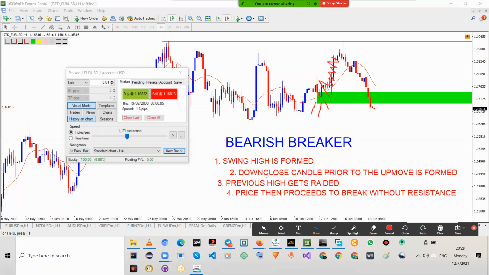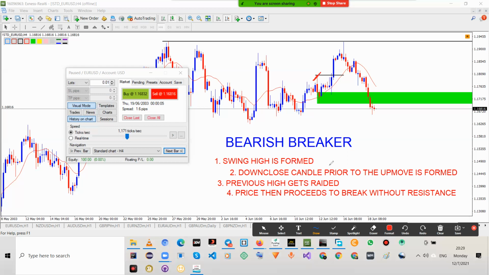Then, having the previous high now being raided, as you can see, this up move raided through this swing high, this previous high. It got raided, it got broken, in other terms. So we have the swing high that has been formed, the down close candle prior to the up move, and the swing high raided by the up move.